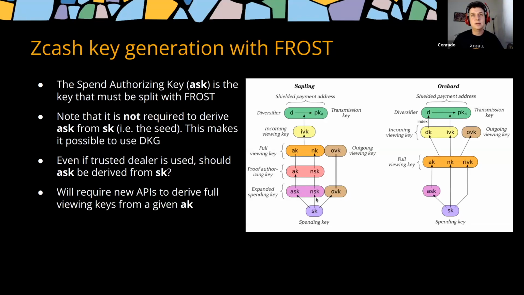So to use FROST with Sapling, you need your FROST key share, but also either the proof authorizing key, the outgoing viewing key, or you should still derive it from SK without doing this part, but doing all the rest. In Orchard, the same thing. If you want, you could also derive it from SK.